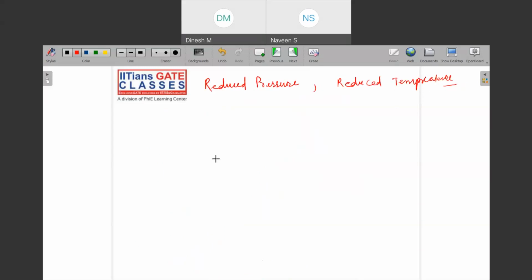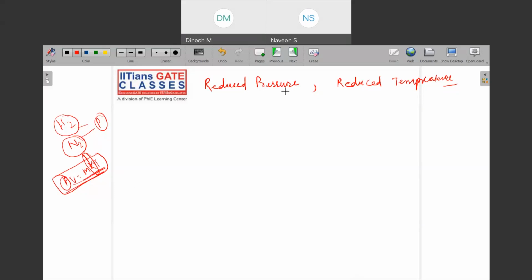Listen to this statement: different gases will behave differently at the same pressure, yes or no? Let us say we have hydrogen and nitrogen, so they will behave differently at the same pressure. Why? Because we have seen that PV is equal to MRT, and here we have the R, which takes care of that. Even though you are at the same pressure, your molecules can behave differently, right? So their behavior is different at the same pressure for different molecules.